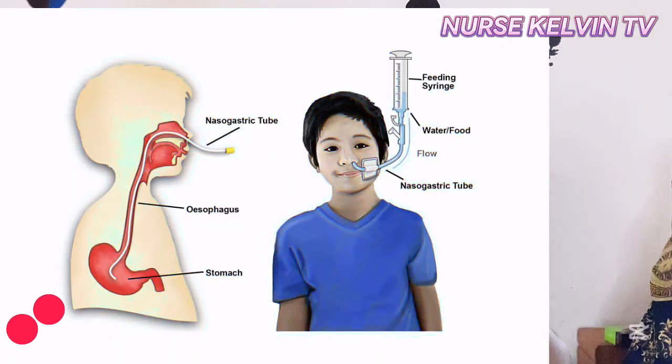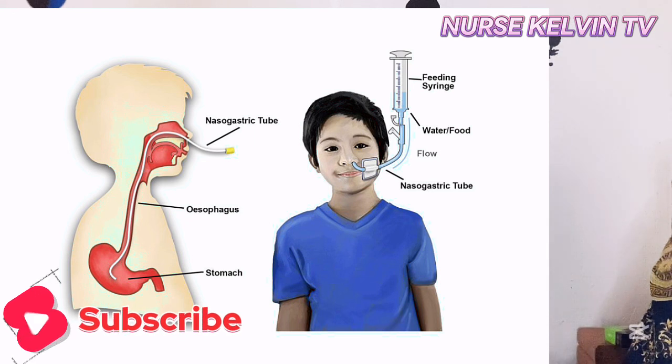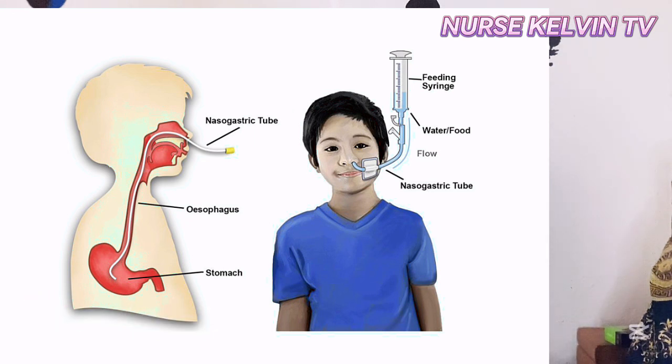This tube is inserted through the nose into the stomach, and it is a short-term tube that is used for a few days, or approximately up to 6 weeks. So this is a short-term tube that we can use for the patient who is unconscious.